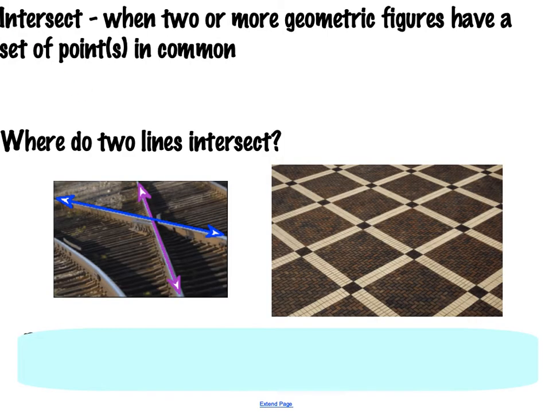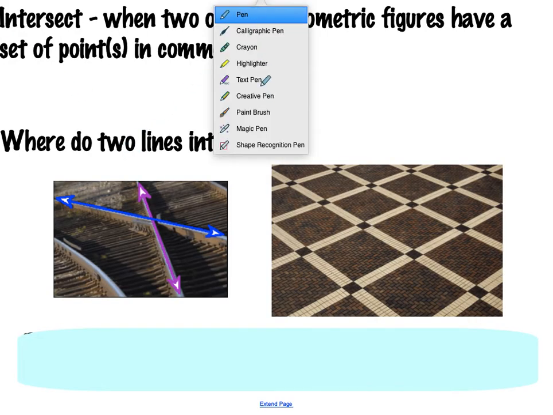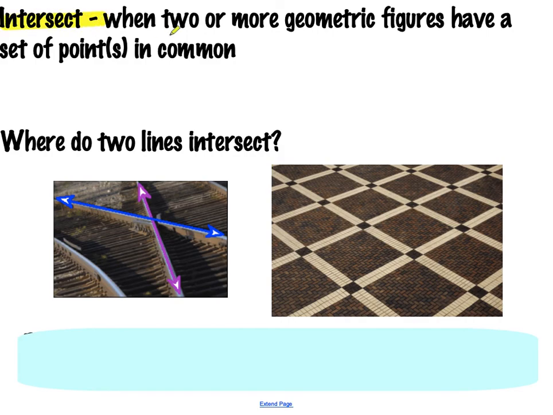The word intersect. An intersection is when 2 or more geometric figures have a set of points in common. So where do these 2 lines intersect? For example, two railroad lines intersect somewhere. Or this geometric tile, they intersect somewhere.